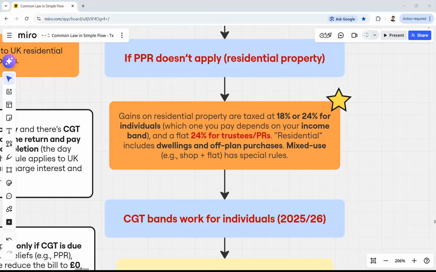So you know that trustee and PR have the same role, and 24% will be a flat value for them. So there is no 18% for them, just 24%. Residential includes dwellings and off-plan purchases. Mixed use, like shop and flat, have special rules about apportioning.